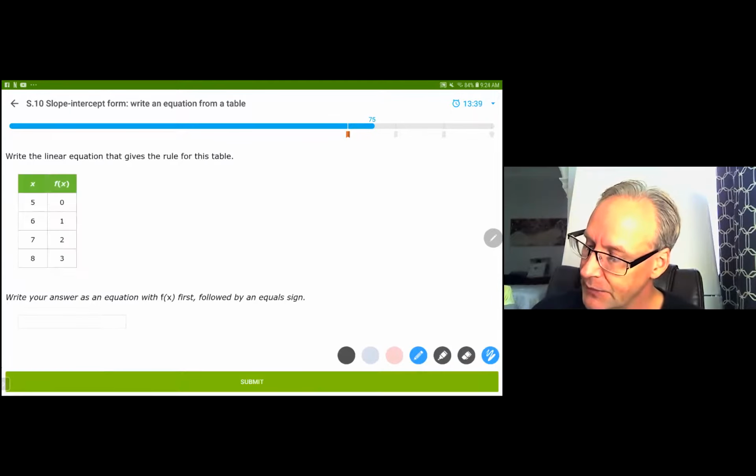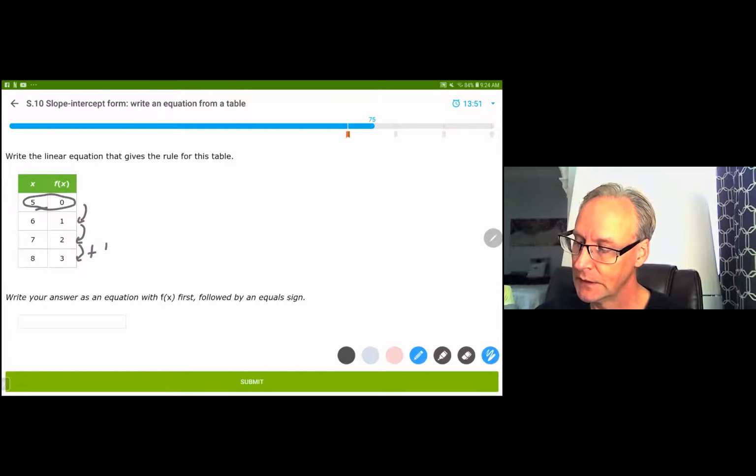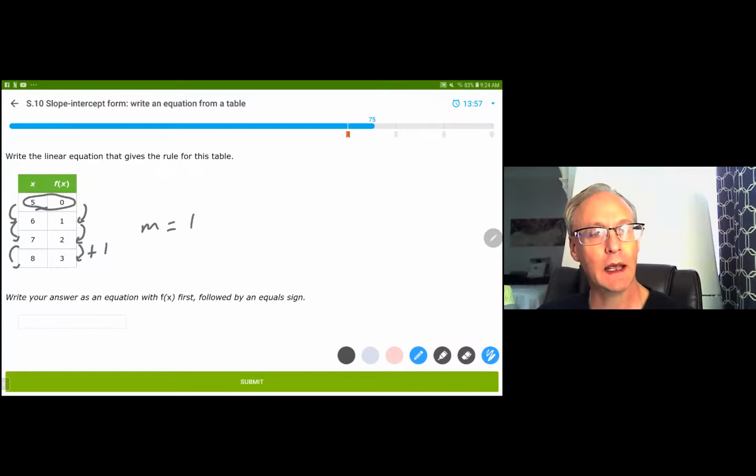All right, what's happening here? Well, be careful. This is not a y-intercept. This is an x-intercept, and that's a different thing. Well, we went up 1 every time, didn't we? Plus 1. And these are going up 1 as well. It's like these are all going up 1. So my slope is 1. And what happened if I take x and I have to get to 0?